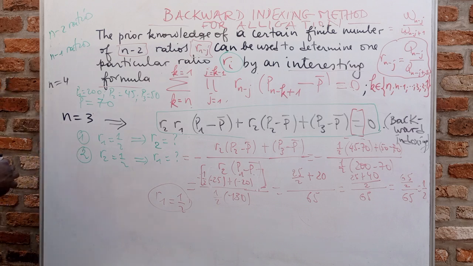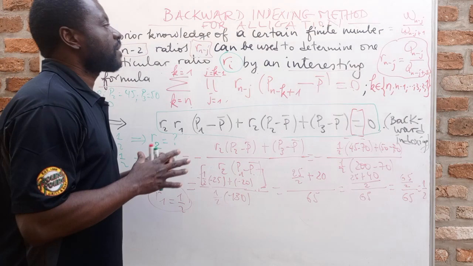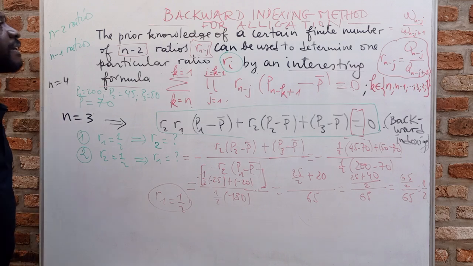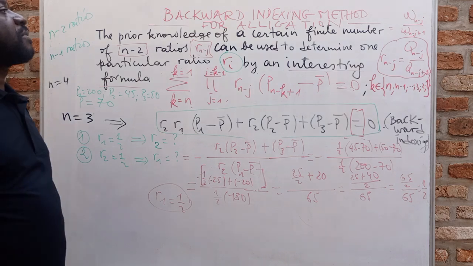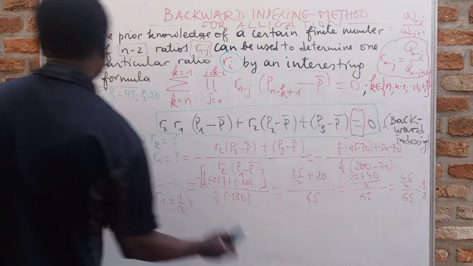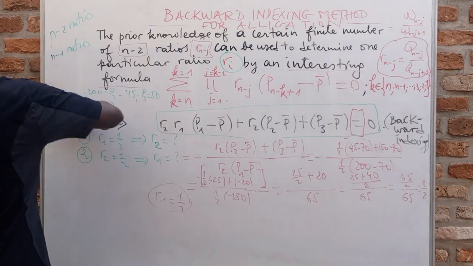This is the end of this video, and we will talk a little bit about what we are going to do in the next video. In the next video, we are going to talk about what we call the rule for alligation. Let me just write this one.